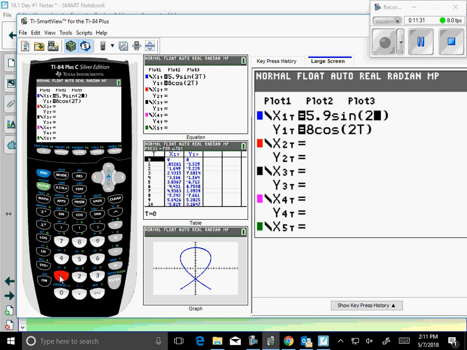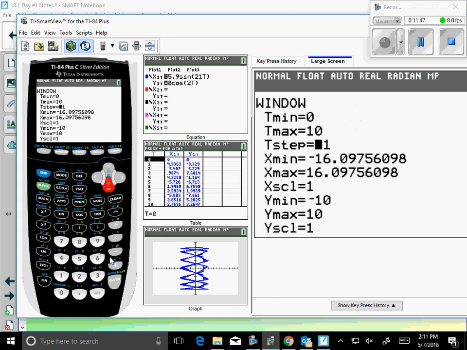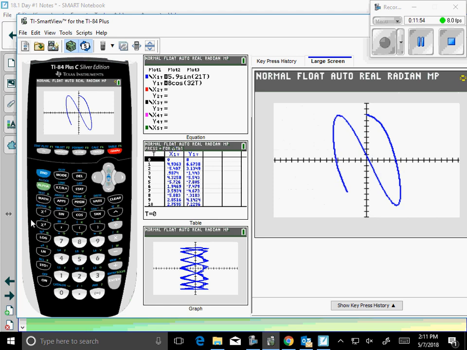Check this one out. This is probably one of the cooler ones. I think I went 32. You could play with these and come up with all sorts of designs. I'm changing my t-step to 0.01. Check this out. Oh my.